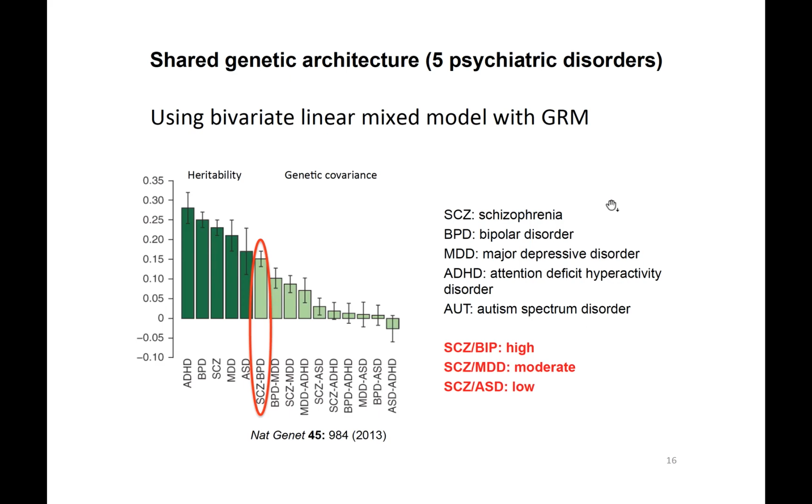Again, this kind of study has never been possible with a traditional approach or design. However, with genomic information and the linear mixed model, it is now possible to estimate heritability and genetic correlation.